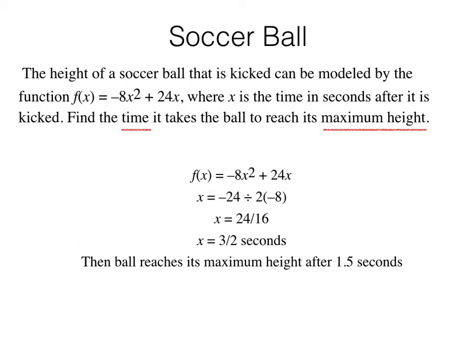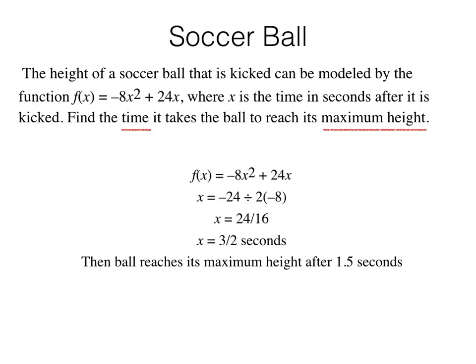We'll use the axis of symmetry, negative b over 2a, and that will be negative 24 divided by 2 times negative 8. That's 24/16, which simplifies to 3/2, so we know the ball reaches the maximum height after 1.5 seconds.